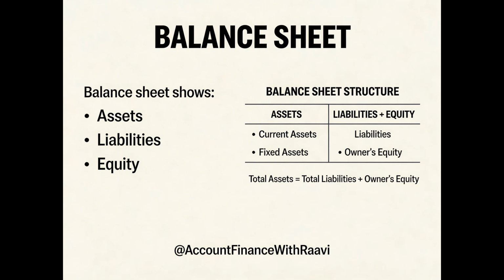How can we know the position of the company? By considering the assets, liabilities, and the equity. You should remember that the balance sheet needs to be tallied. As in the previous slides, in the accounting equation we learned that total assets is equal to liabilities plus equity.